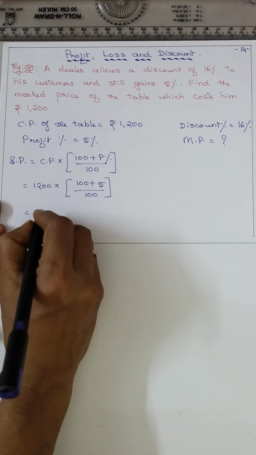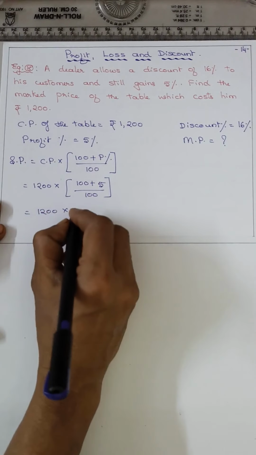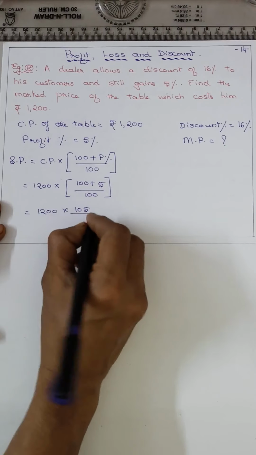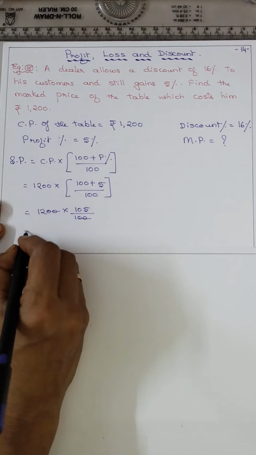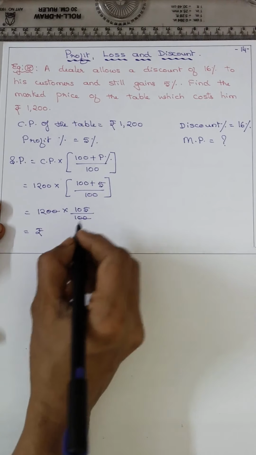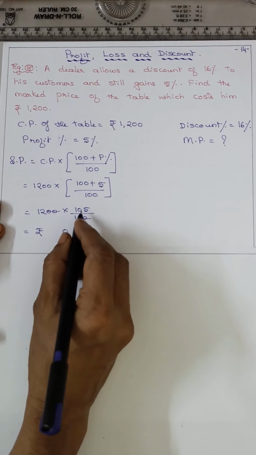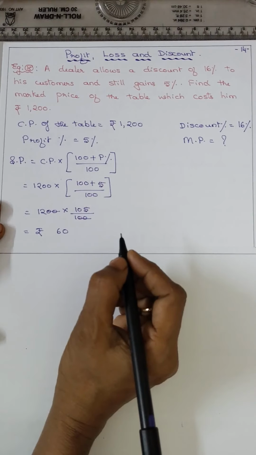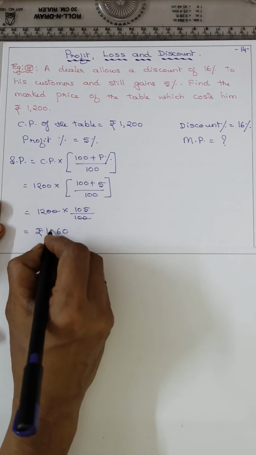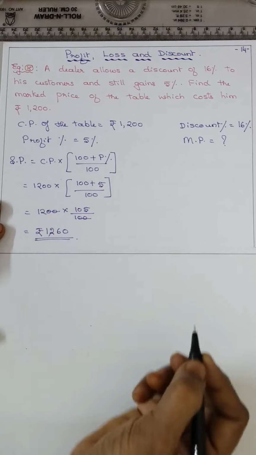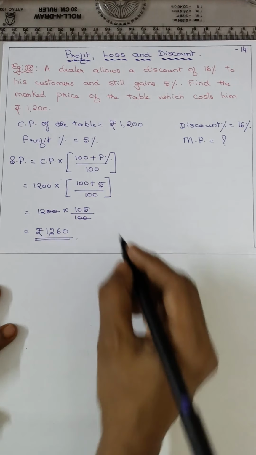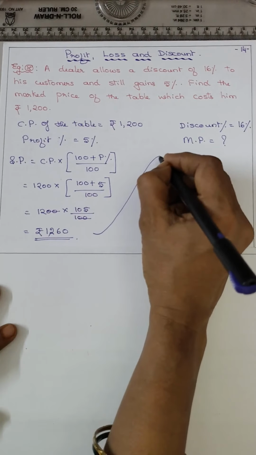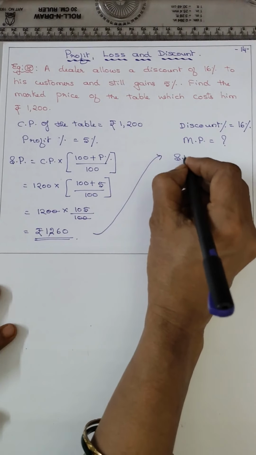It is 1200 into 105 upon 100. 20 cut. 12 5s are 60, 0, that is why we are putting directly 12 1s are 12. So you got the SP as 1260.